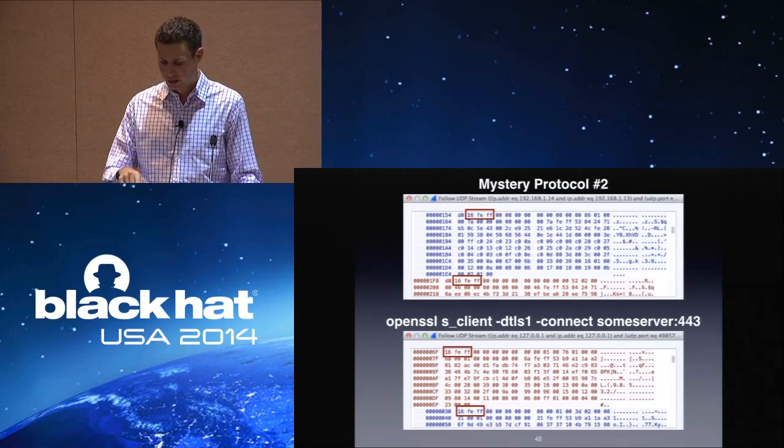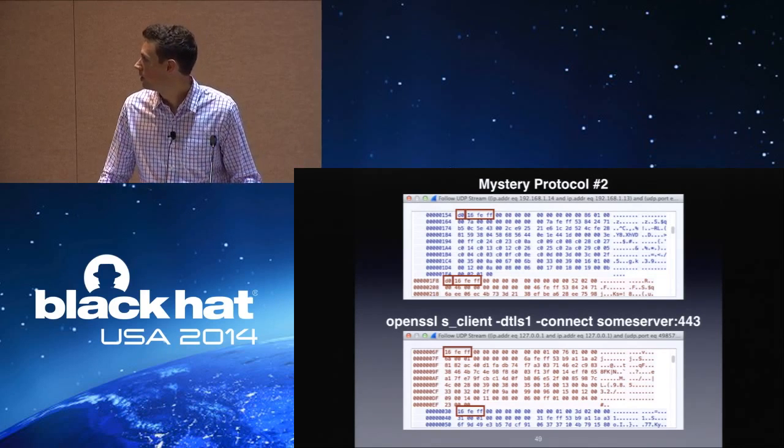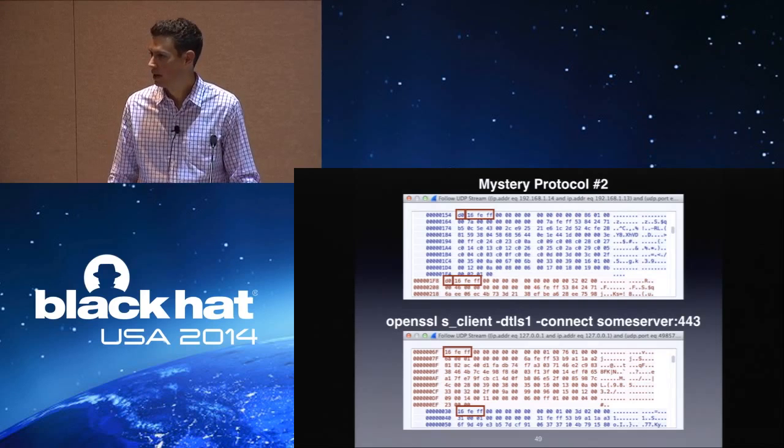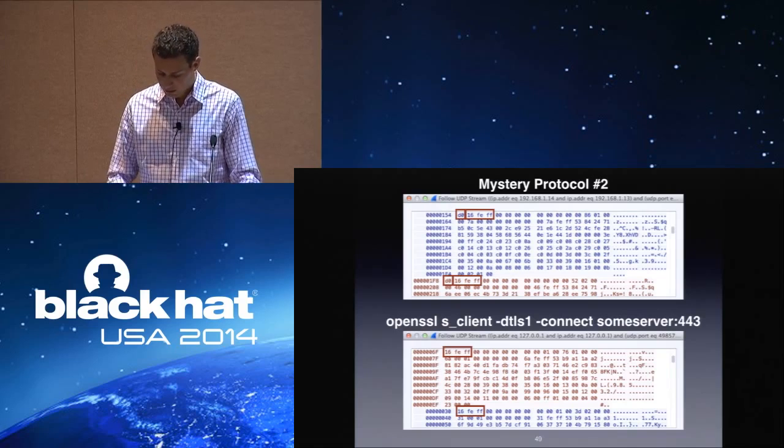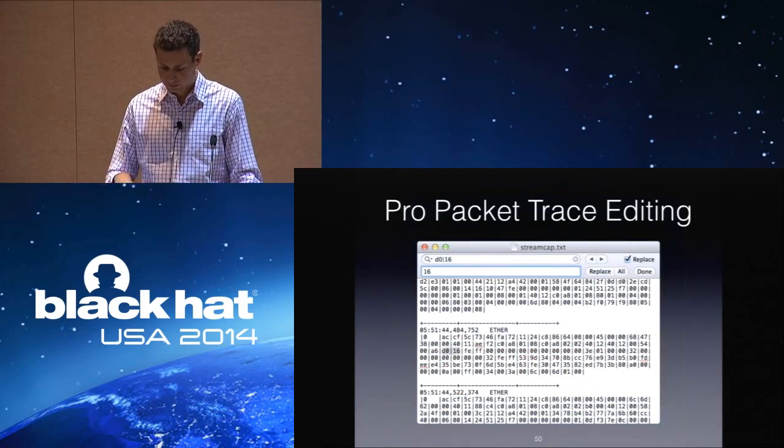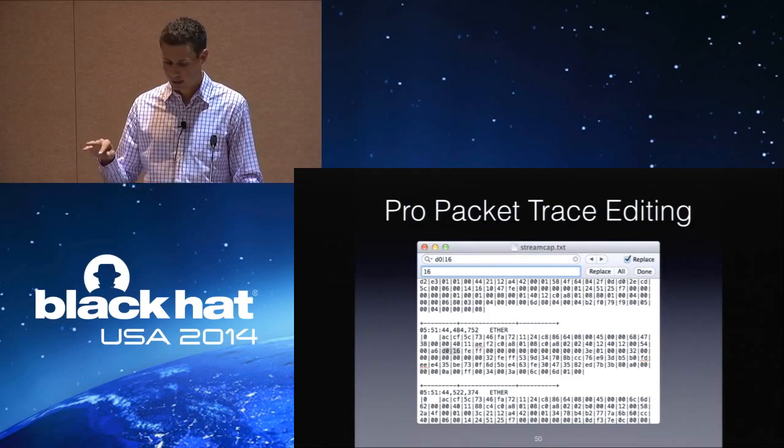So that's there in the mystery protocol. But then there's a difference, as you can see, which is a byte at the very beginning, D0, which isn't there in normal DTLS traffic. That seems to be the only difference.